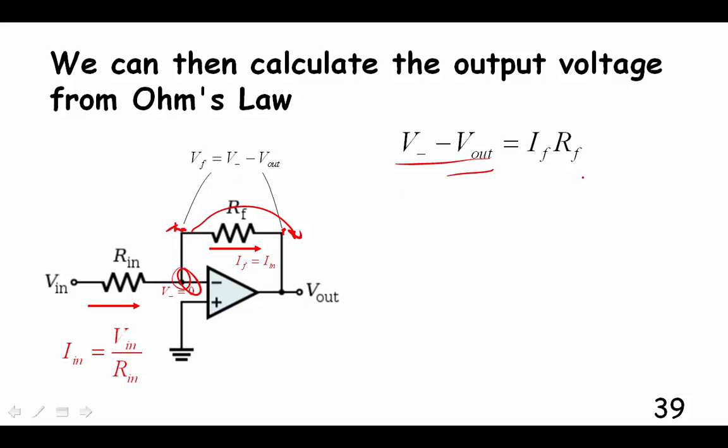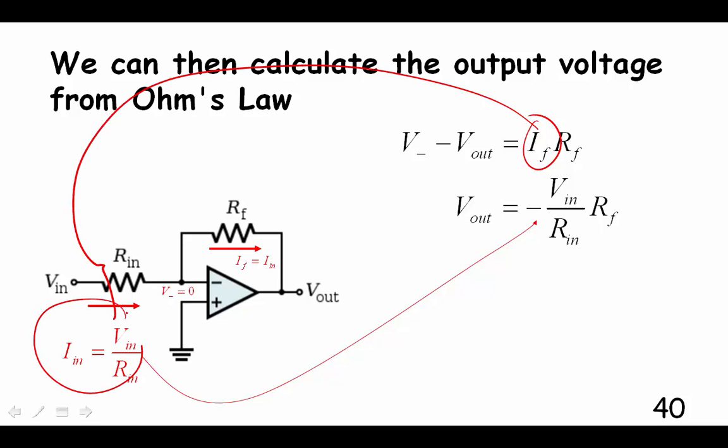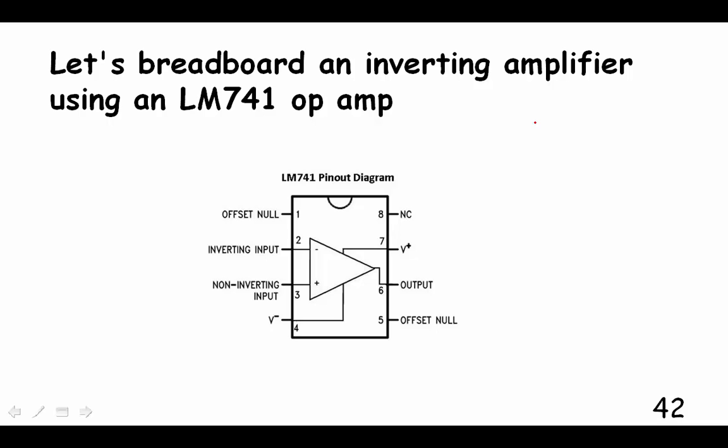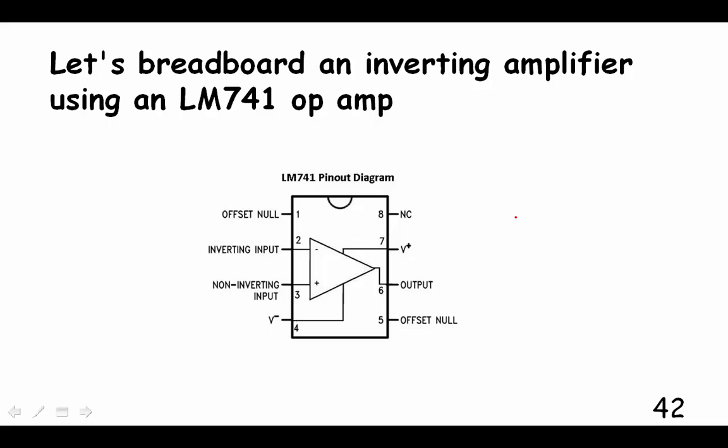And that's going to equal the current times the resistance, just by Ohm's law. Then we substitute the current right here, which is the same as this current, and we end up with this equation for the output voltage as a function of the input voltage. It's just the ratio of those two resistors, the feedback resistor over the input resistor.